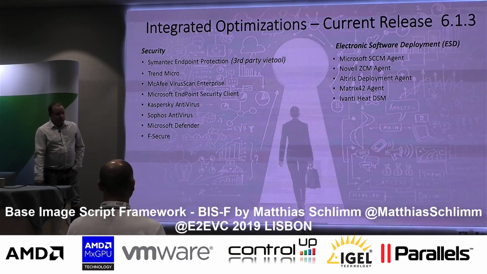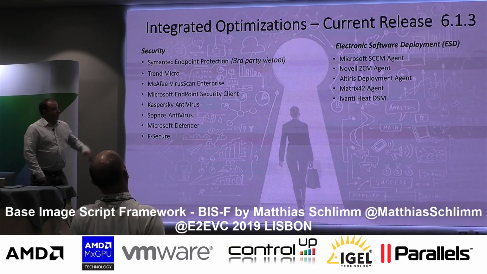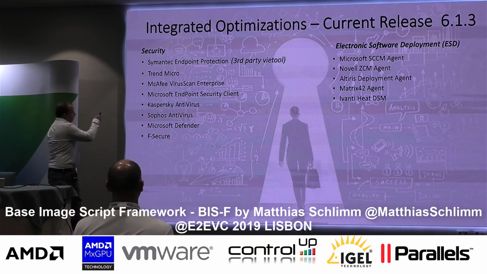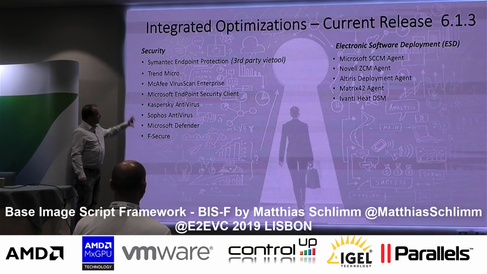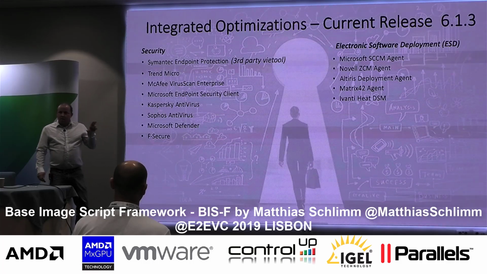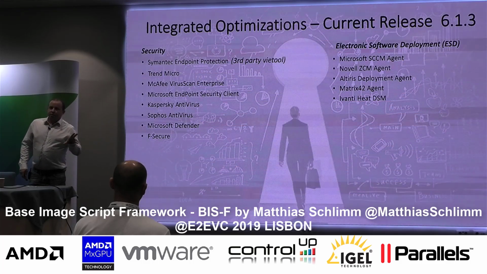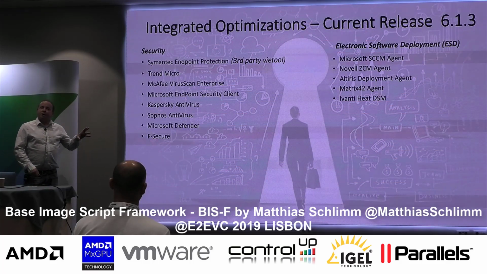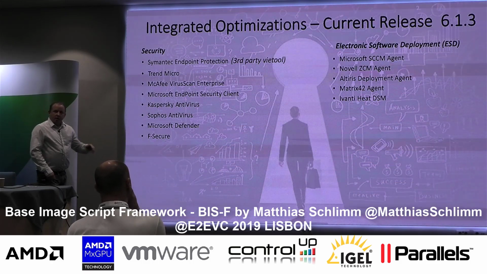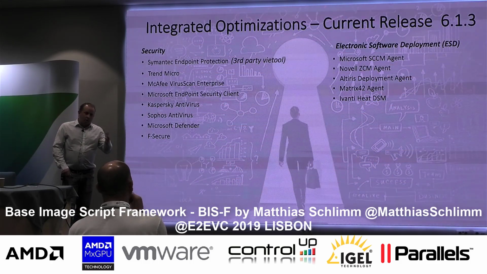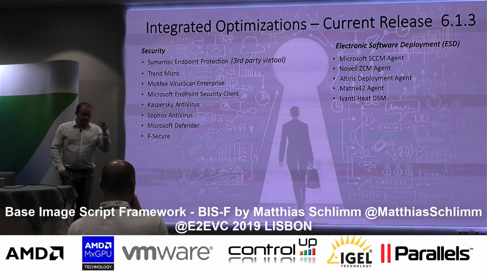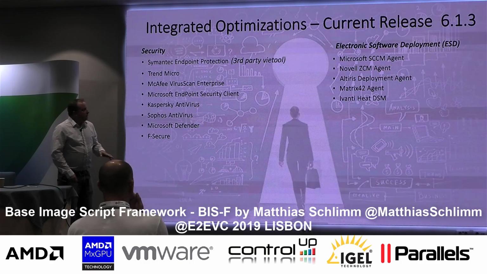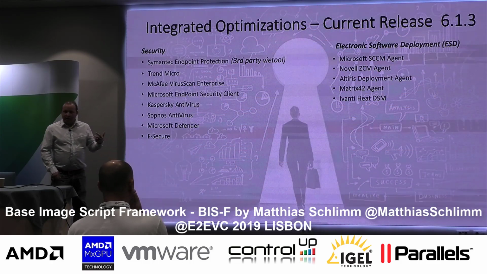Also for the security part, or for electronic software deployments, these are all the things that we currently support in BIS-F. If you have installed the agent for Symantec Endpoint Protection, BIS-F detects it, removes the unique identifier, all the files that must be removed in the registry, in files or whatever, and seals the agent itself.